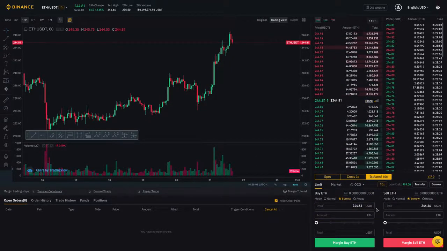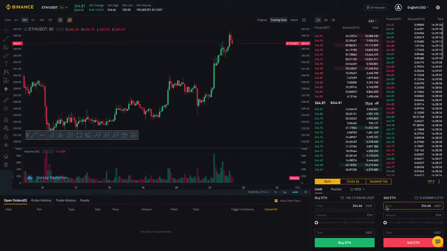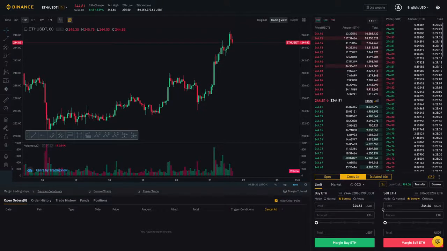I mean, it is kind of confusing, especially if you're new to crypto and you don't really know how to trade just yet. It can be overwhelming or kind of confusing. Honestly, if you're new to crypto, just stick with the spot section right here. If you're feeling kind of risky, then yeah, maybe do some margin trading, but I wouldn't recommend that unless you knew the risks of margin trading, right?